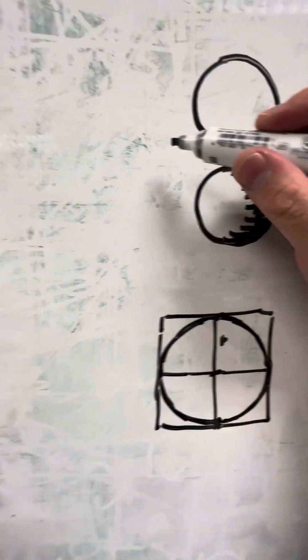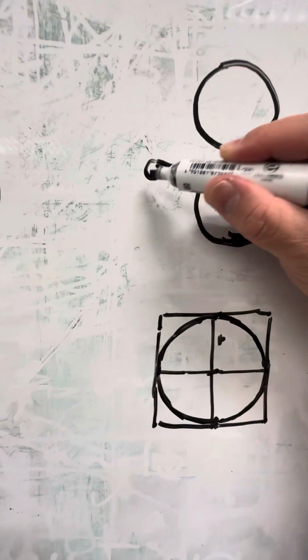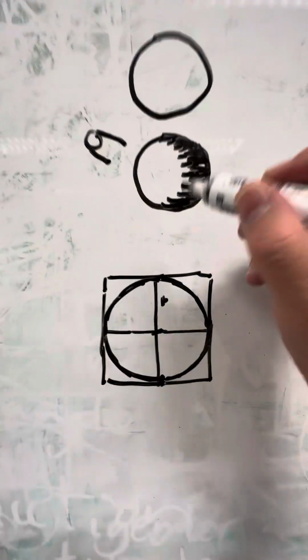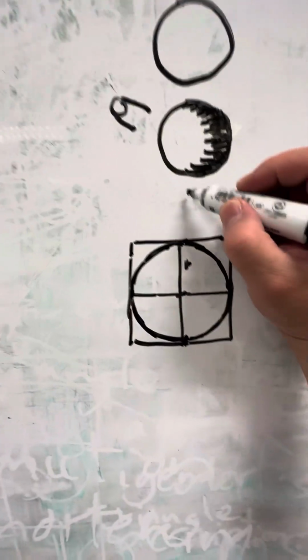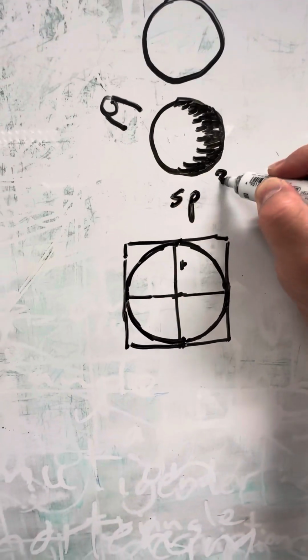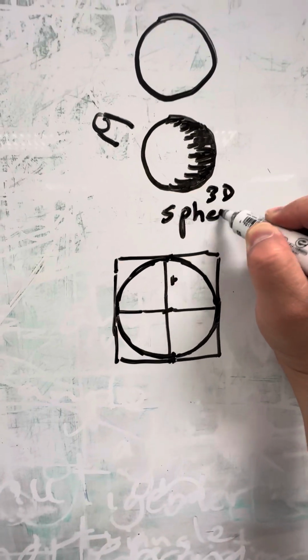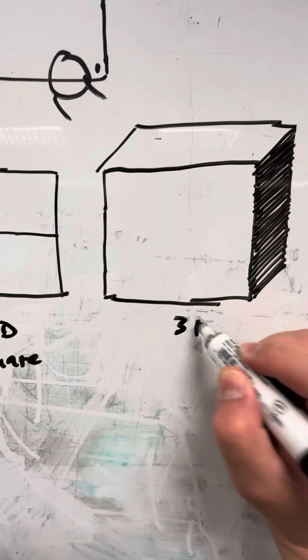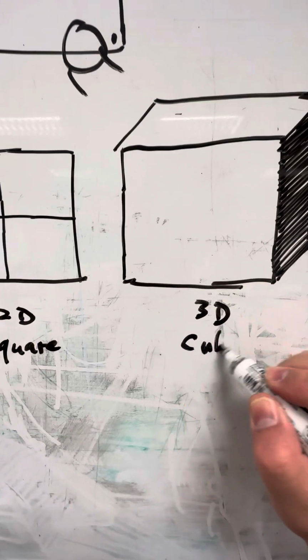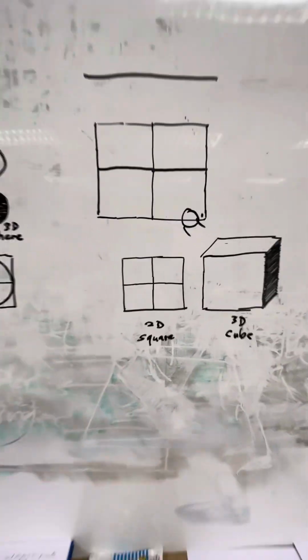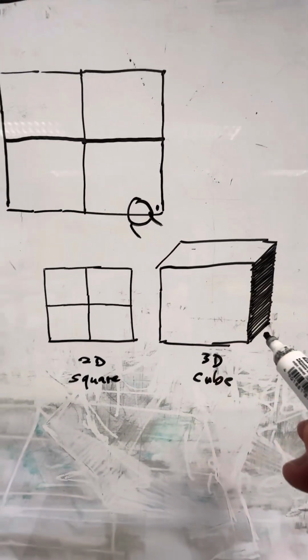This is when the light source is coming from there. So that's a sphere, 3D. And that one is a 3D cube. So we have first the square, cube.